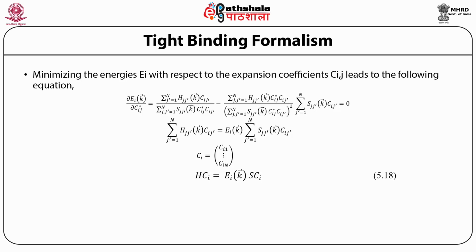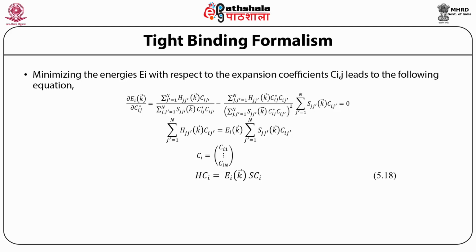This is multiplied by summation over j prime equal to 1 till n of Sjj prime as a function of k vector Cij prime. This is equal to 0.